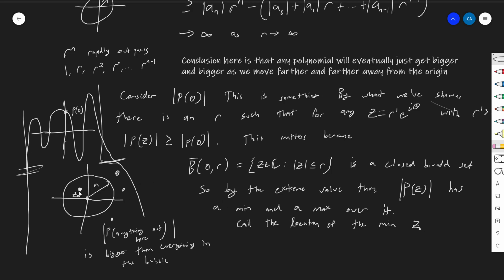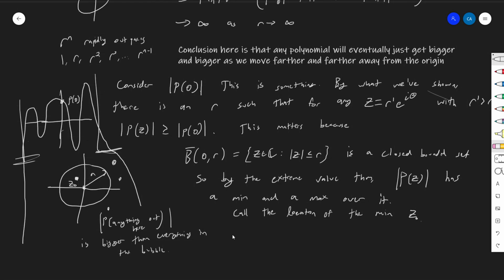But of course, that is the smallest thing I can get overall for the whole function, because everything outside of this bubble is going to be bigger than anything inside of it. So z0 is the minimum globally as well.